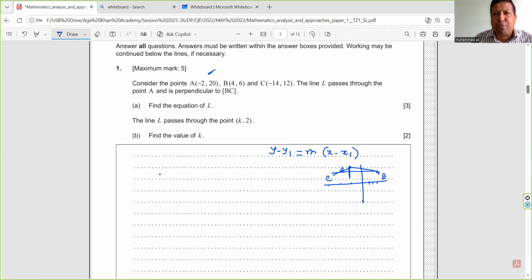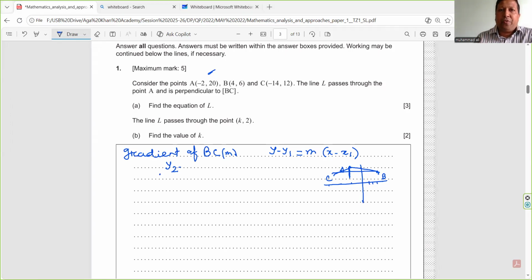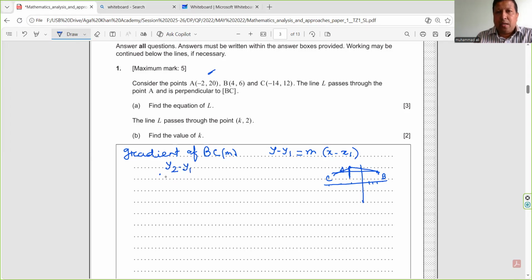So at first we have to find the gradient of BC. The gradient formula is m equals y2 minus y1 divided by x2 minus x1: the difference between y coordinates divided by the difference between x coordinates.